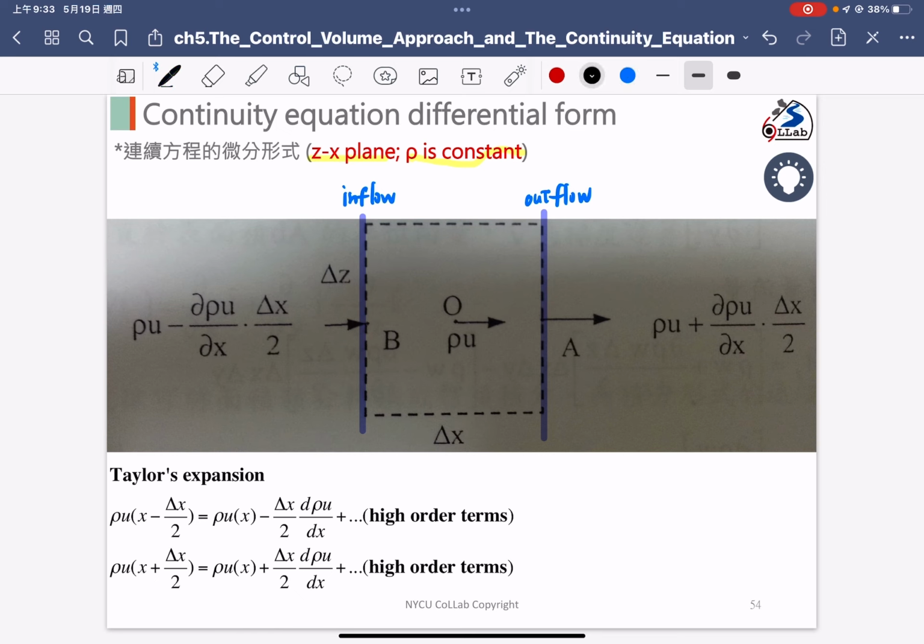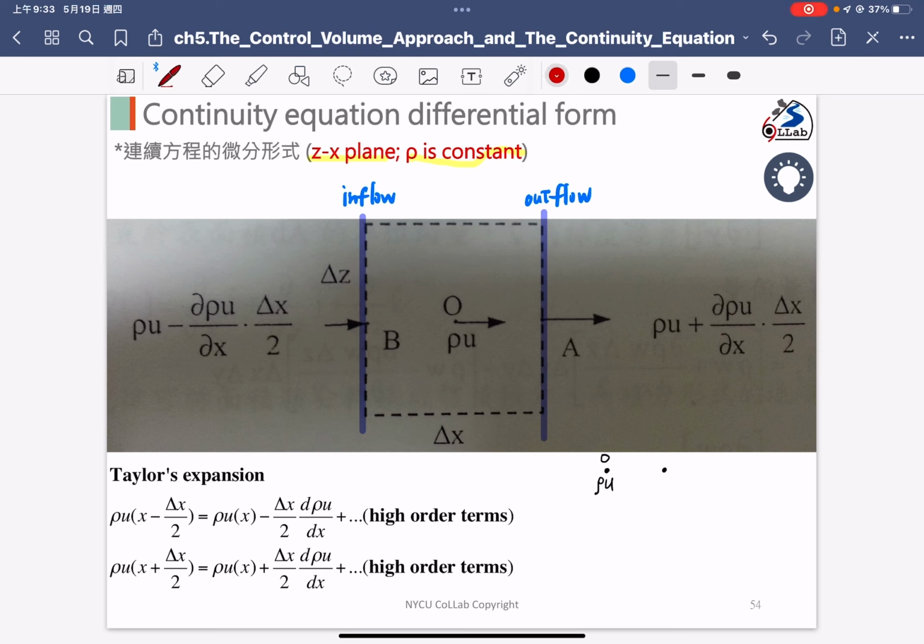So the idea is this is our point. We have a point O here, and at this point the velocity multiplied by the density is rho u. And we have another point on the right hand side related to the outflow.